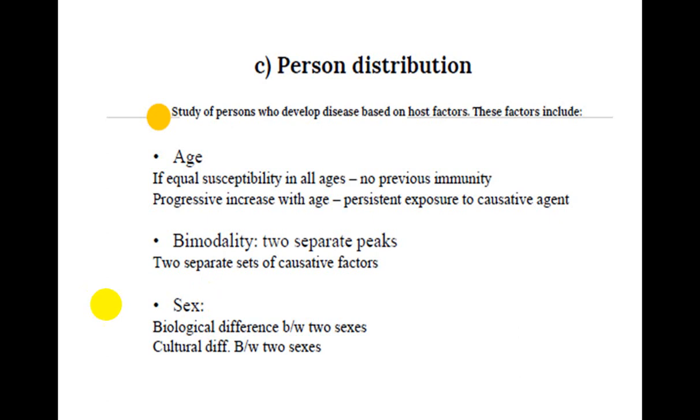Sex. Biological differences between the two sexes, male and female, and cultural differences between the two sexes. Sex is another host characteristic which is often studied in relation to disease, using such indices as sex ratio and sex-specific morbidity and mortality rates.